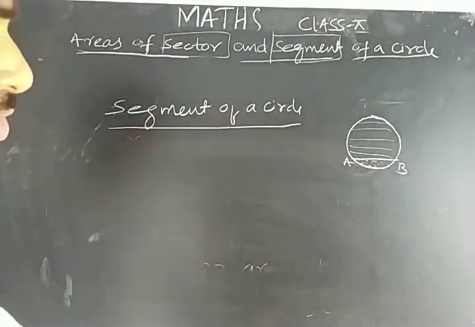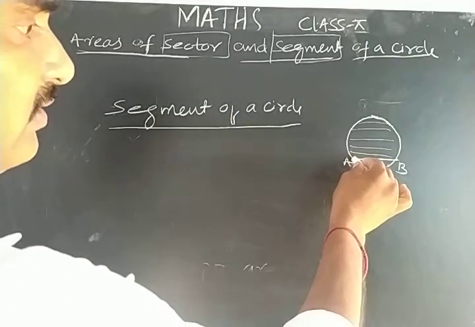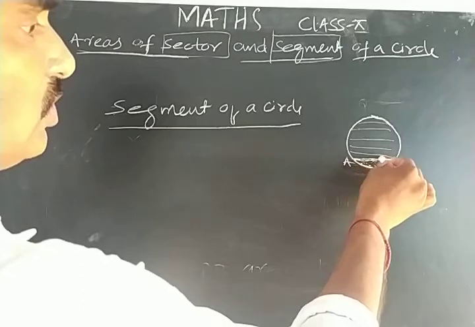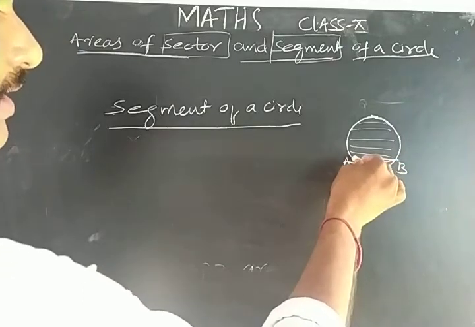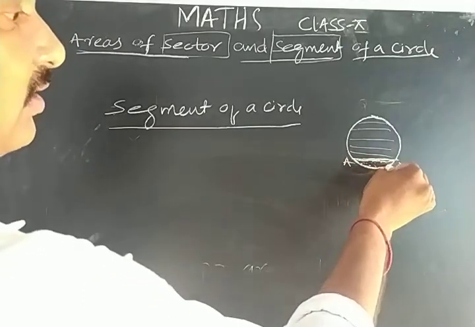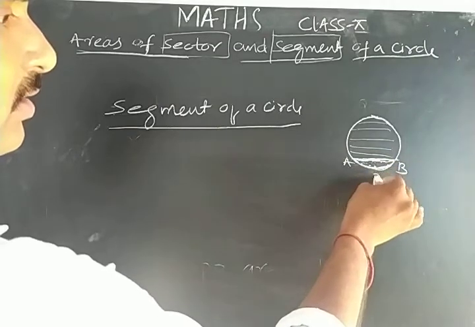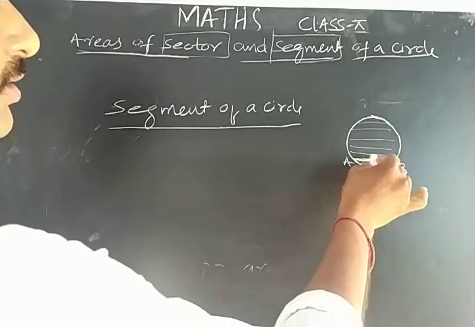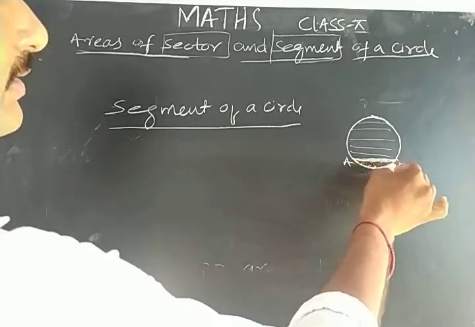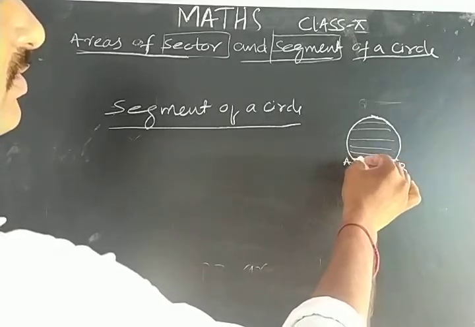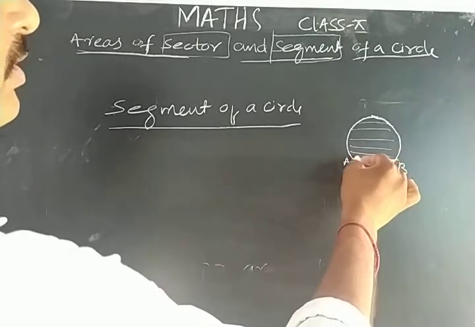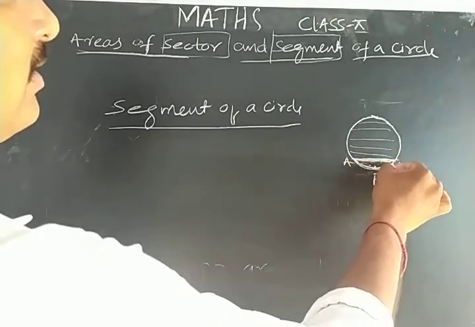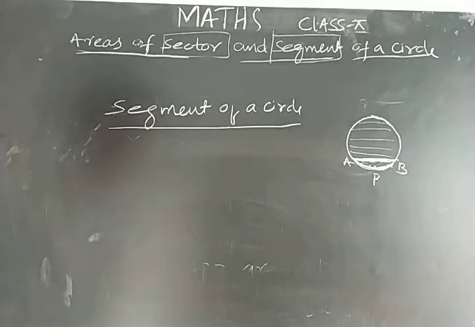Now what does segment mean? The area enclosed by chord of a circle and arc of the circle. This is arc. Suppose I am taking P here. This APB is an arc of the circle and AB is the chord of the circle. The circular region bounded between chord of a circle and arc of the circle is known as segment.